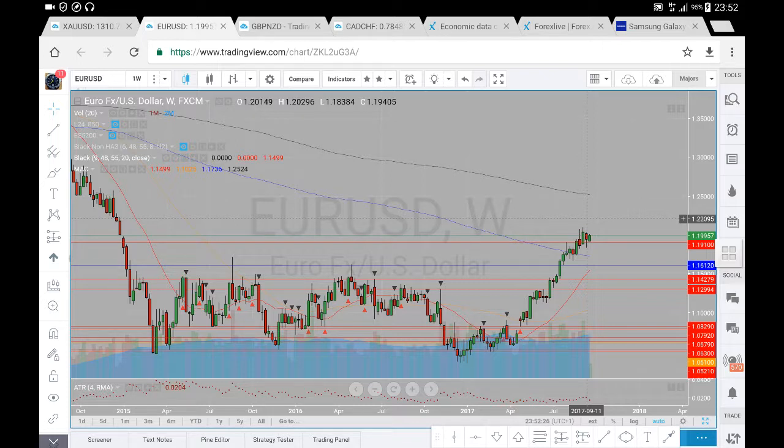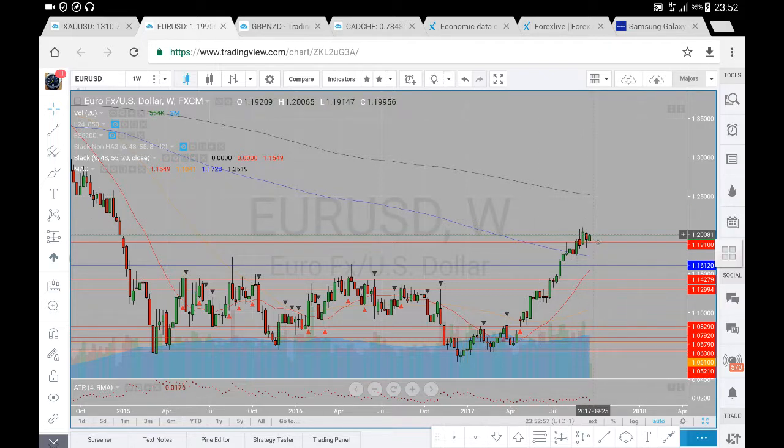So just say 120.30, and after that we are looking at 120.92. Now, if the news is favorable, 120.92 could be reached for a move up to the area which I mentioned previously.